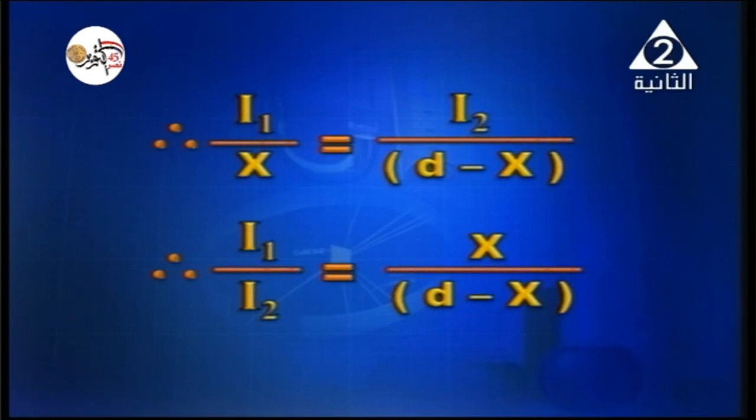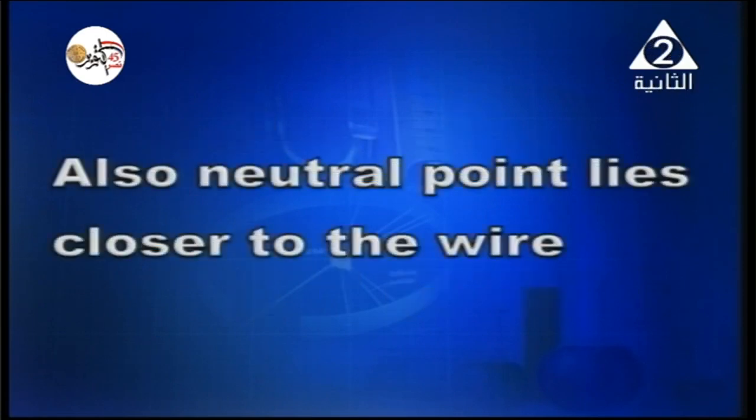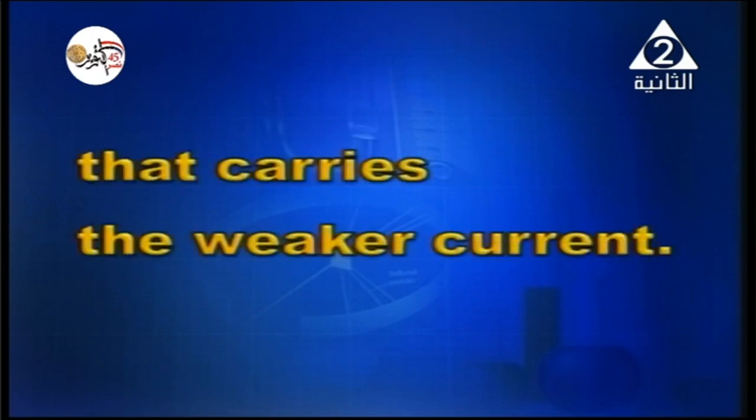Also, the neutral point lies closer to the wire carrying the weaker current. This is very important, and you should keep this in your mind. The neutral point lies closer to the wire that carries the weaker current.